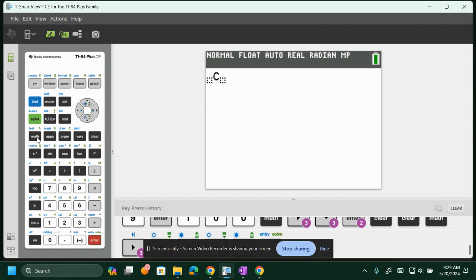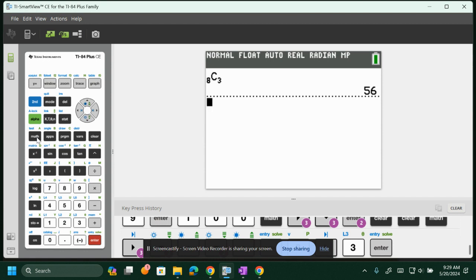So again, math, PROB or PRB, and then your combination. Now, some of you with the older calculators will have to type in the 8 first and then go to this page. Others of you that have the newer calculators like I do, it'll let you fill in the 8 and the 3 and then hit enter. It does that formula that it showed on your notes page. It does everything for you to get your result.